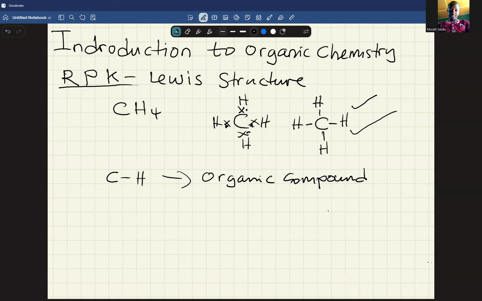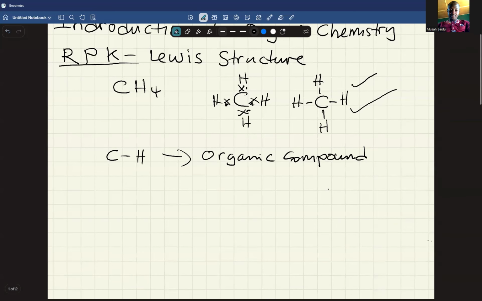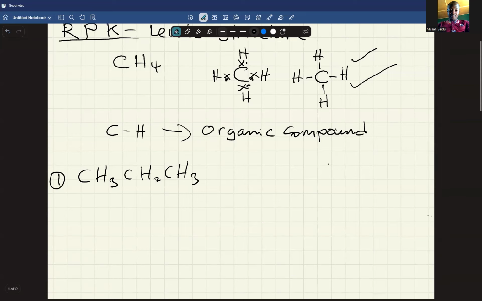For instance, if I have CH3, CH2, and CH3, to write the structural formula of this compound, I have to write my C. I know the C's to be the central atoms because they form the maximum number of bonds. So the first C here has 3 hydrogens surrounding it.